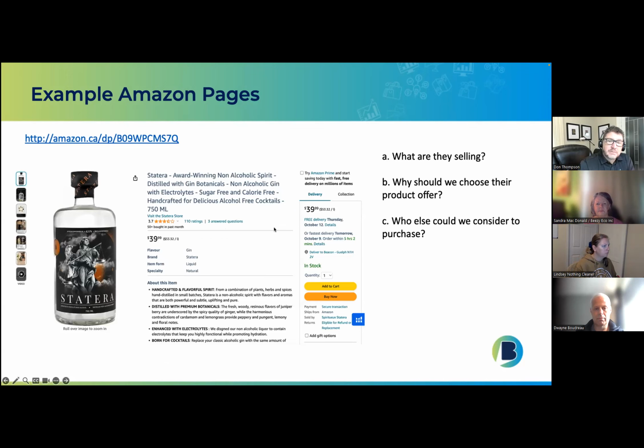And lastly, non-alcoholic gin, right? It's all the craze. Like you've heard, Sobri and other types of products like that. Even in the liquor stores, they're having sections of the non-alcoholic products because of the growth of the sector.